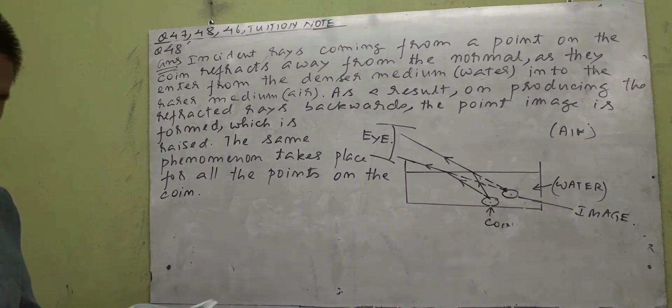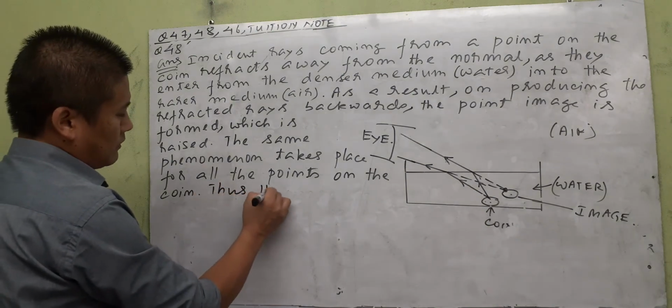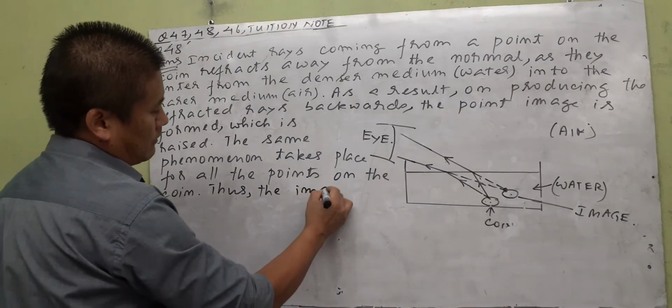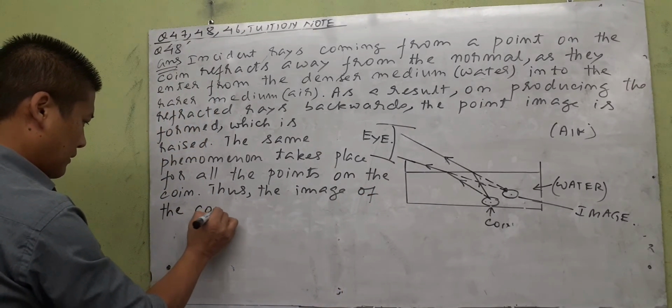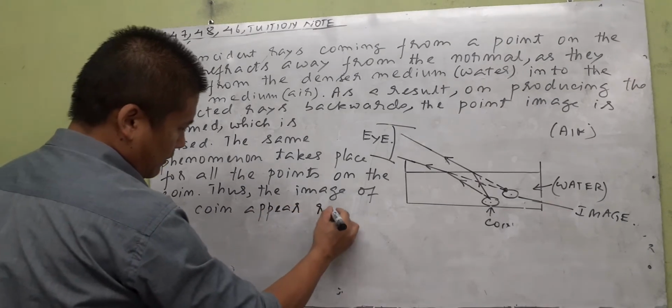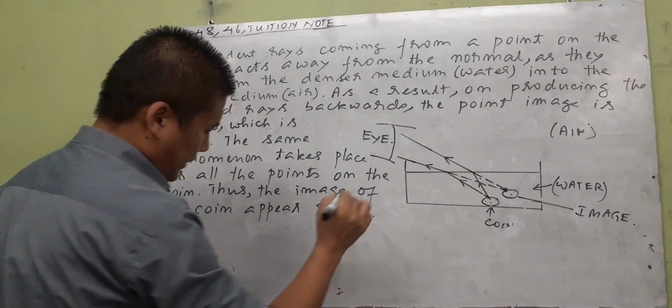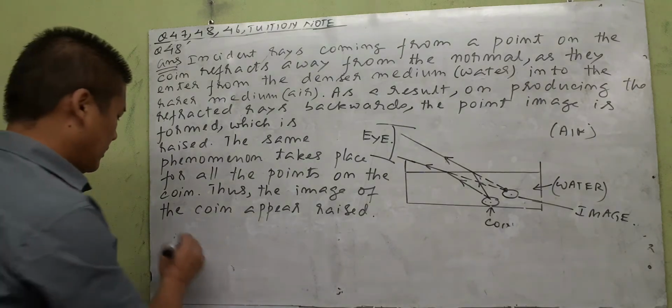Thus the image of the coin appears raised. Therefore the coin is visible after the water is poured.